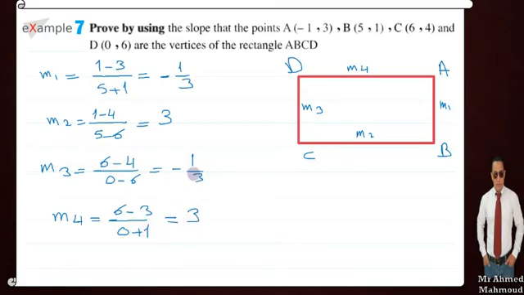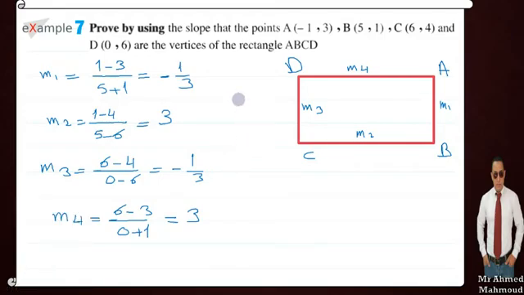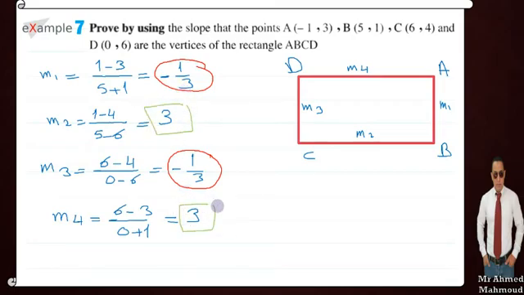So here, by looking carefully, we find that M1 equals negative 1 over 3, M3 equals negative 1 over 3, and M2 equals 3, M4 equals 3.